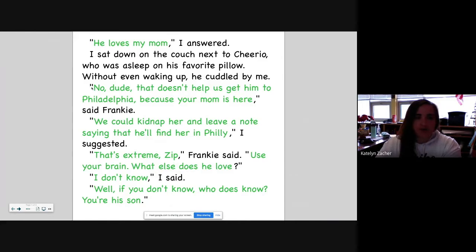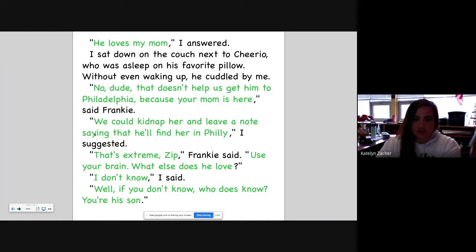Oh, here we go. I know someone's talking. "No, dude, that doesn't help us get him to Philadelphia because your mom is here," said Frankie. So this whole thing in green was said. You see that capital letter, put the comma underneath with the quotation. "Said Frankie" is not in quotations. "We could kidnap her and leave a note saying he'll let her find her in Philly," I suggested. So again, quotation, quotation.